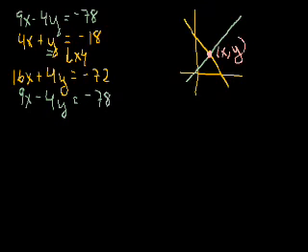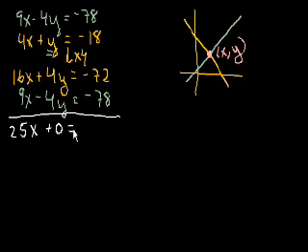Okay. Well, now, if we were to add these two equations, when you add equations, you just add the left side and you add the right side. Well, when you add, you have 16x plus 9x. Well, that equals 25x. Right? 16 plus 9. 4y minus 4y, that just equals 0, so that's plus 0, equals, and then we have minus 72 minus 78.